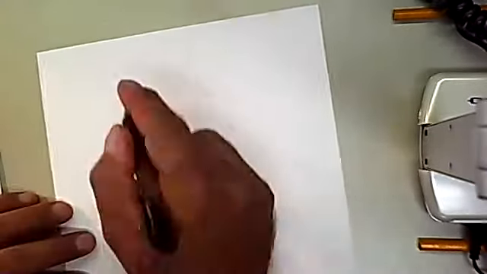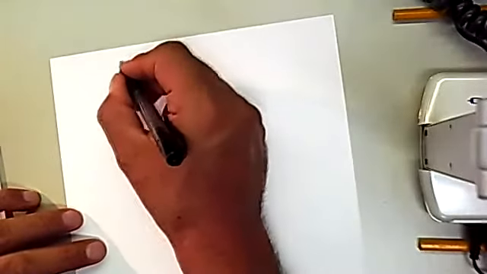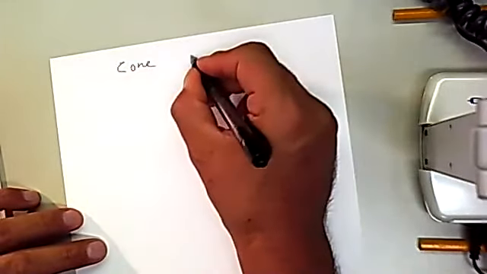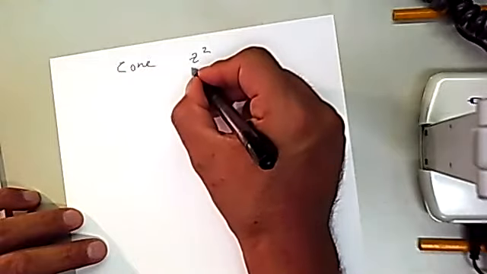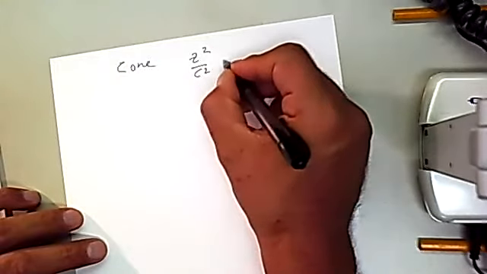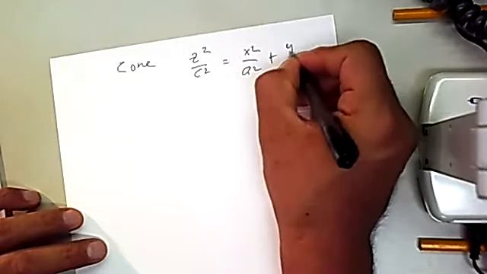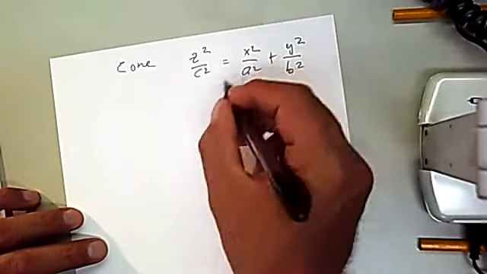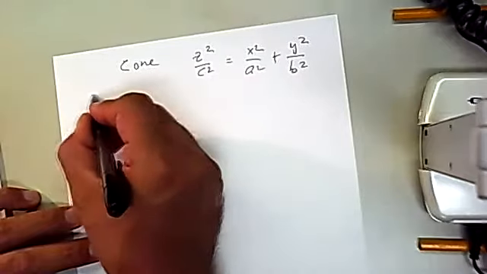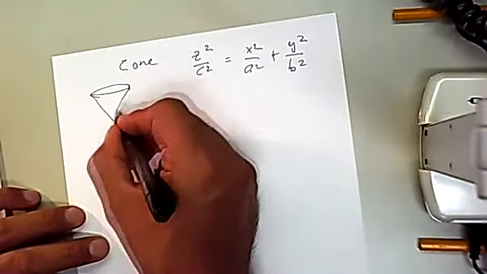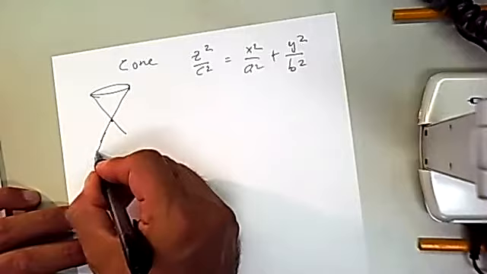Let's write the cone again. So a cone, z squared over c squared equals x squared over a squared plus y squared over b squared. So the cone has a waist of 0.